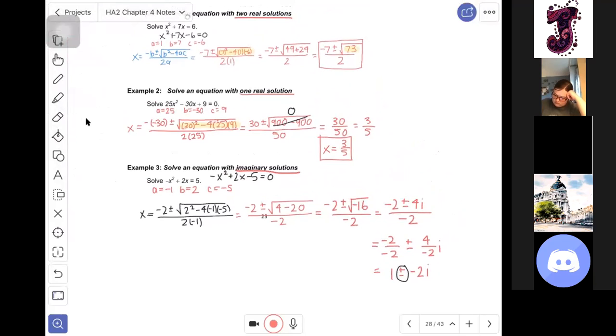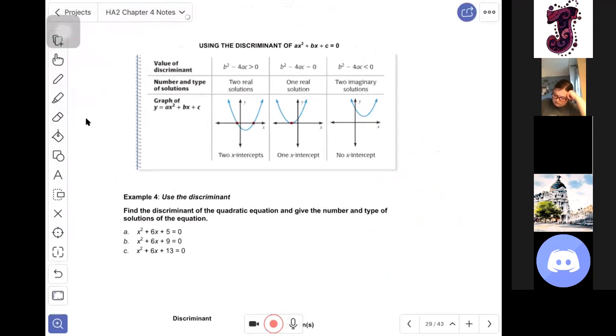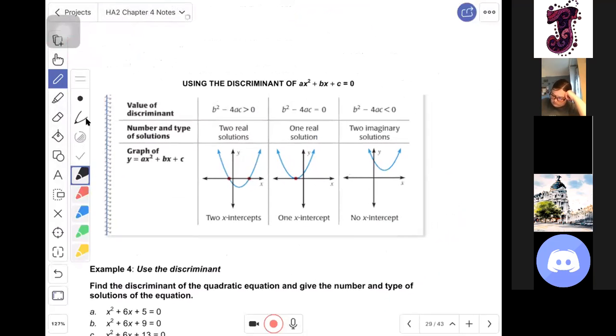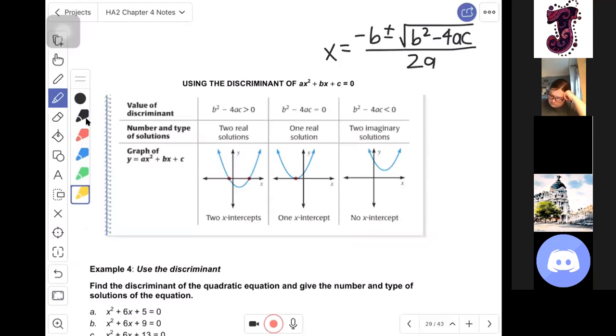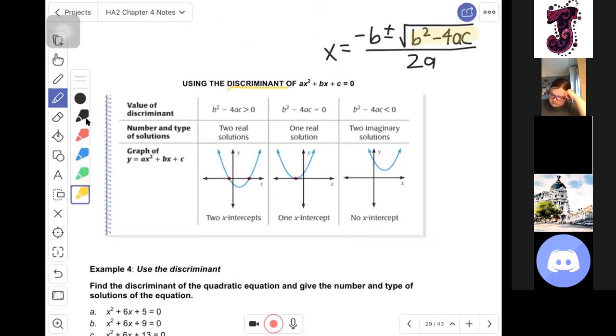All right. So now we're going to talk more about what the discriminant means. Remember the quadratic formula is x equals -b plus or minus square root b squared minus 4ac all over 2a. This discriminant is what is inside the square root, that b squared minus 4ac.